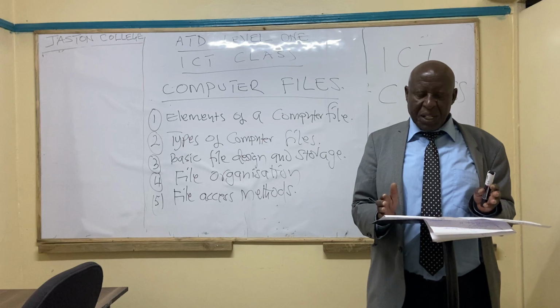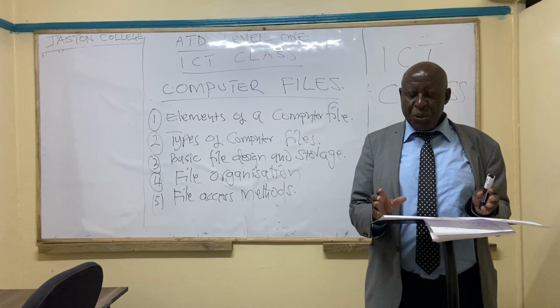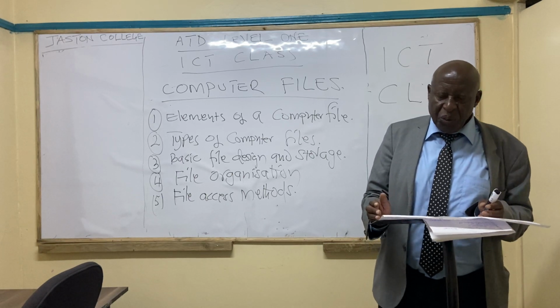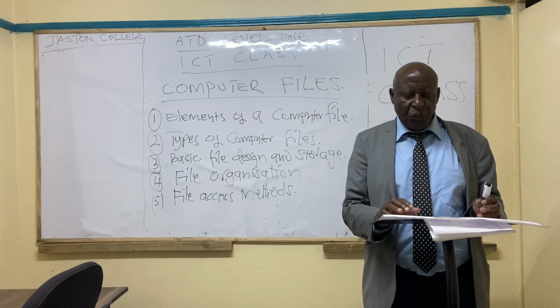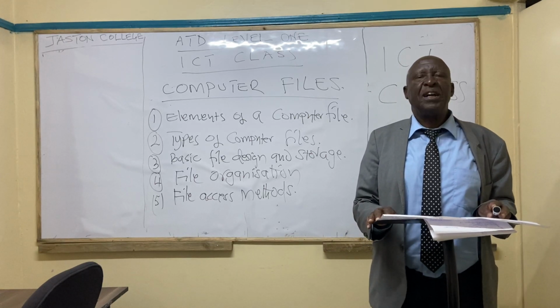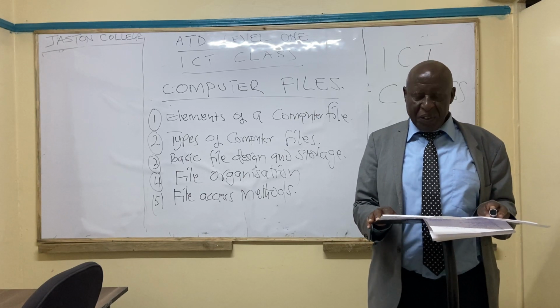You look at the fixed length format, or sometimes you may use the variable length format. Also, when designing a file, you have to look at the costs involved in the design of a file.